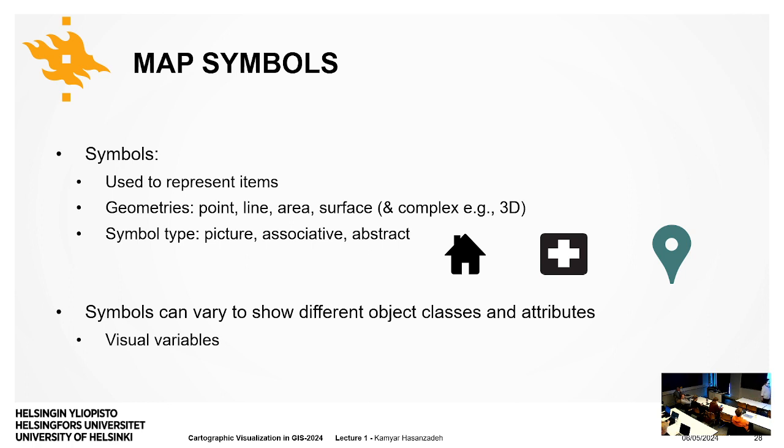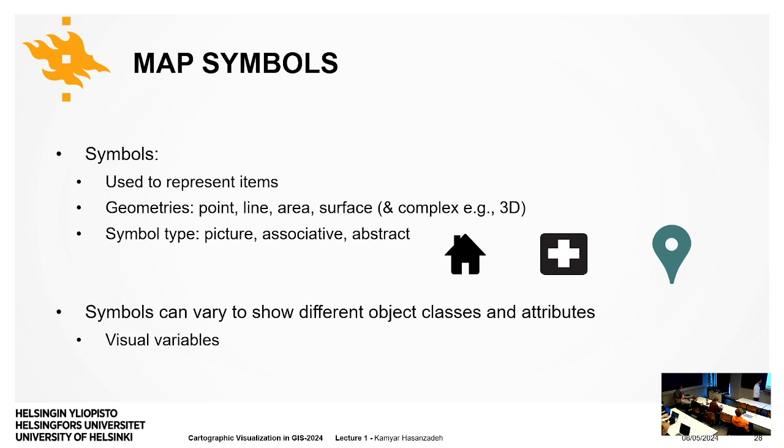Over the years we have just learned to associate this symbol with a hospital or healthcare center. And then we have abstract symbols, like a pin that doesn't really mean anything, it's just abstract, but we are so used to seeing them on the map that we can use it to represent different kinds of places.